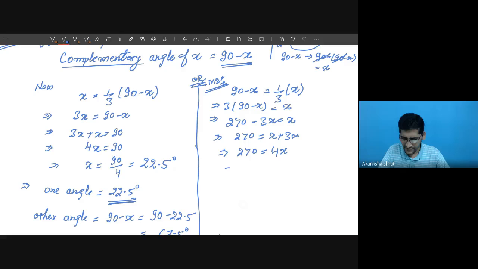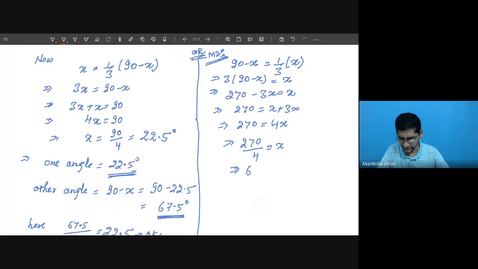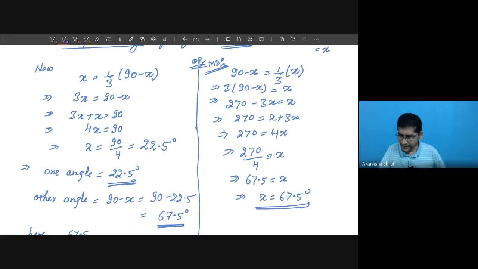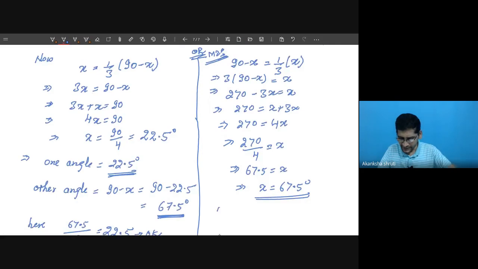This means 270 by 4 is equal to X. Dividing 270 by 4, you will get 67.5 is equal to X. So in this case, X is 67.5 degrees. Okay. So in this case, X is coming at this one. So now its complementary angle.